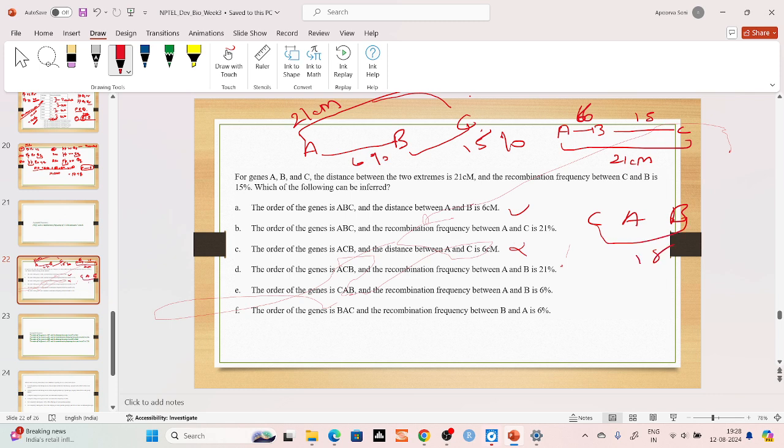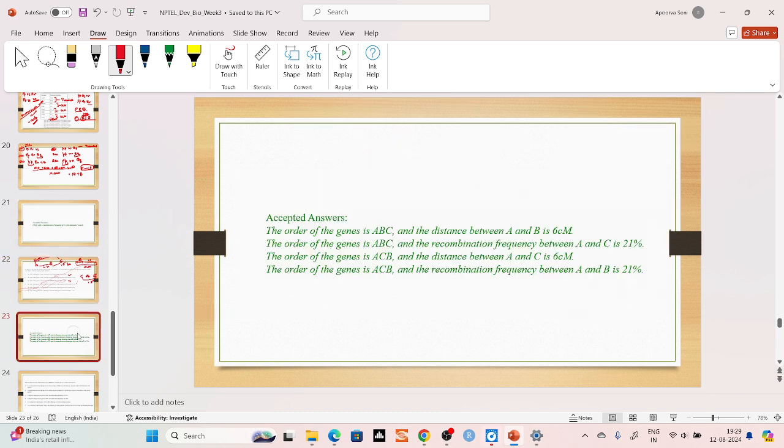If this is 15%, I don't think this should be the correct answer. So next is also there. The order of the gene is BAC and the recombination frequency between B and A is 6%. Between B and A is 6%. That's why I wrote, madam, that A cannot be in between and C and B cannot be at the extreme.